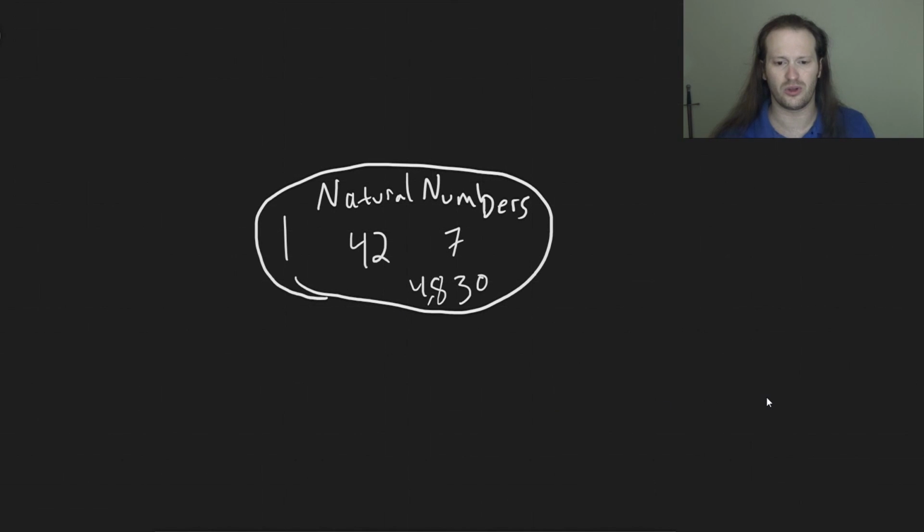Now, some people will say that 0 is not a natural number because you don't start counting as 0, 1, 2. I like to include it in, so you can kind of put a 0 here, maybe with a question mark attached to it. Because the next set of numbers then would be all of the natural numbers plus 0, and those are called the whole numbers.